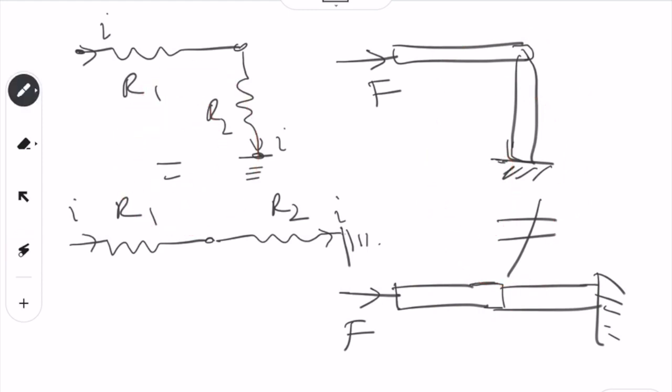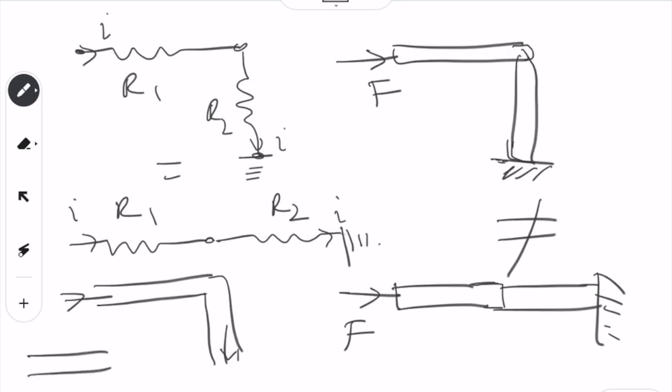Similarly, you can have a pipe as well. Let's say you have a pipe here which goes like this and comes like this. It does not matter how it is going, this is similar to going straight like this, as long as you maintain the same pressure: whatever pressure you have here, you give the same pressure here.